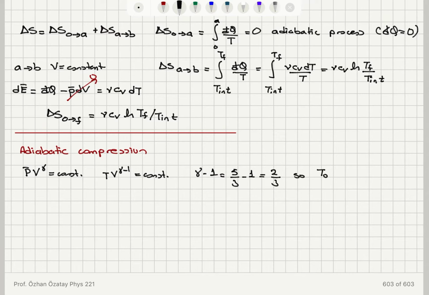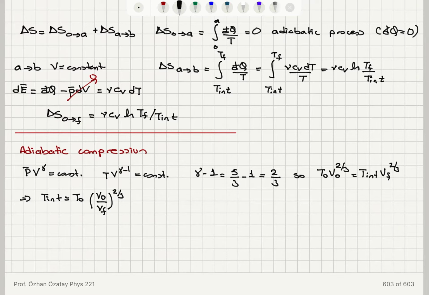So I have T0 V0 to the power 2 over 3 is equal to T intermediate V final to the power 2 over 3. Therefore, I can calculate T intermediate. T intermediate is T0 V0 divided by V final to the power 2 over 3.